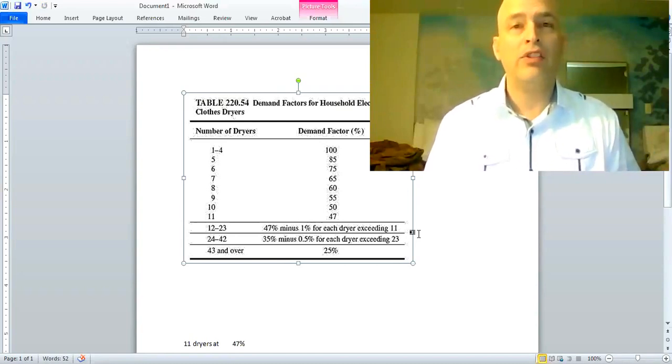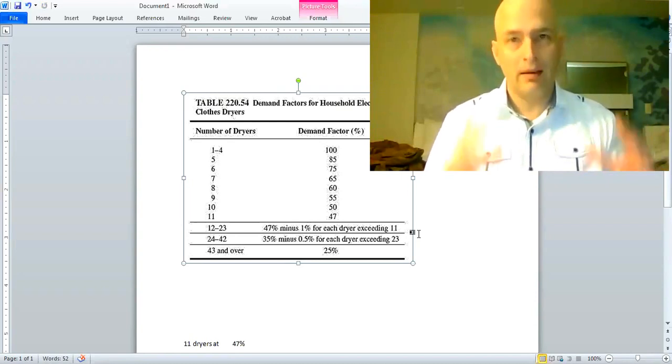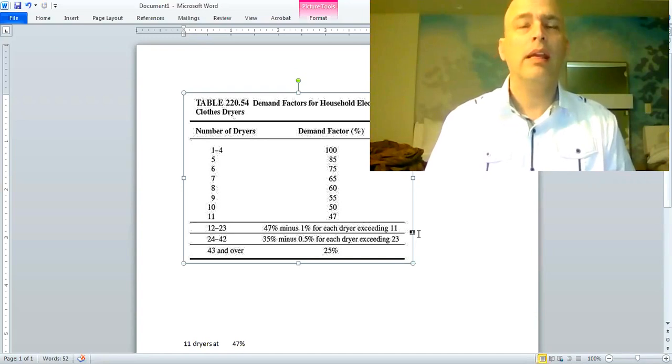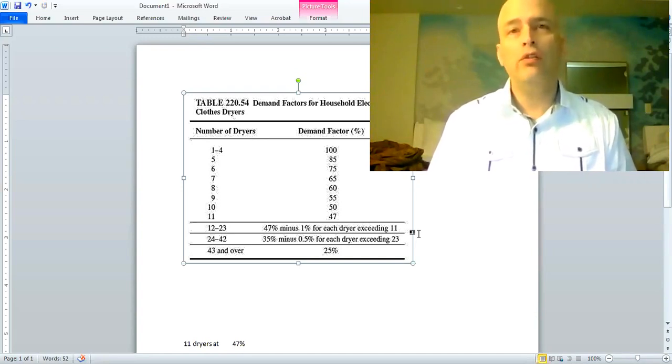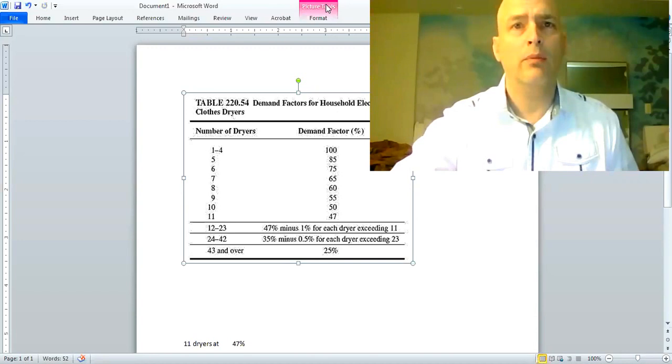If you look on page 70 of your code book, down at the bottom right-hand corner, you'll see it as the last paragraph in the bottom right-hand column. And it says 220.54, you must use a value of 5,000 watts, nothing less than that, when it comes to calculating dryers.